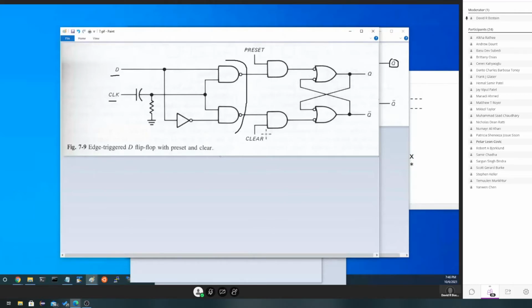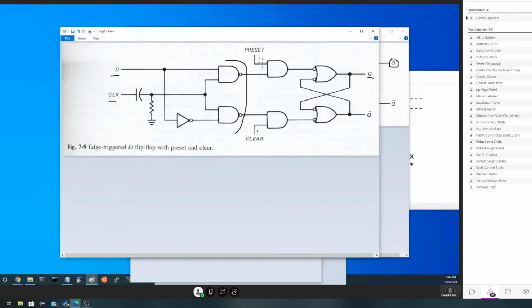It will not even consider the clock, overriding it by using clear. So basically, I've made an RS latch right here that's superimposed on top of the D flip-flop. So I can make Q change right now using preset and clear. Again, I have to avoid having both of them be the same, because then I'm trying to preset and clear at the same time, and we know that's disallowed.